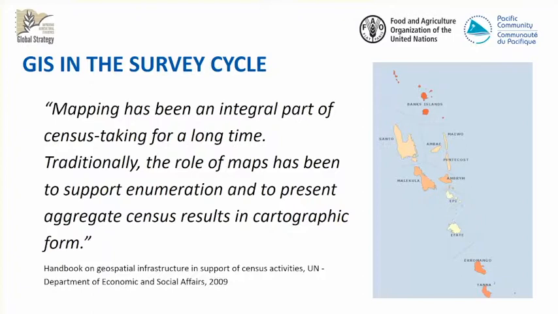So mapping has been an integral part of census taking for a long time. Traditionally, the role of maps has been to support the enumeration and to present aggregate census results in cartographic form. We use maps to help us during the data collection, to plan the data collection activities.